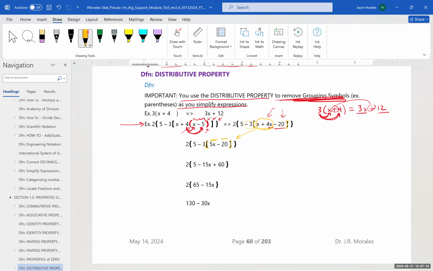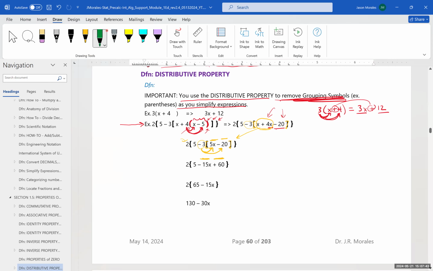And then we've got -3 on the outside, and then 5 braces with a 2 out here outside the braces. Okay, so we can't subtract 5x and 20 because they're not like terms. But we can distribute the -3 to 5x, which will give us -15x. And then we can distribute this -3 to -20, and that gives us a +60.